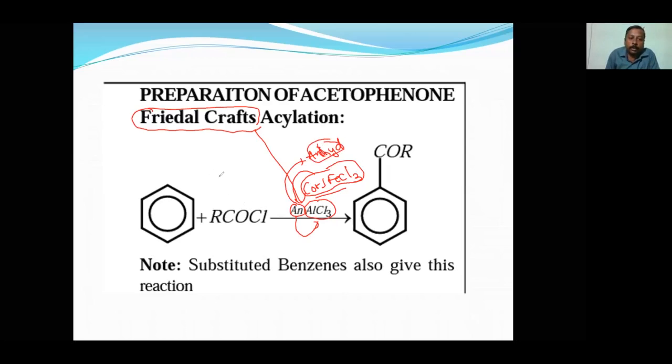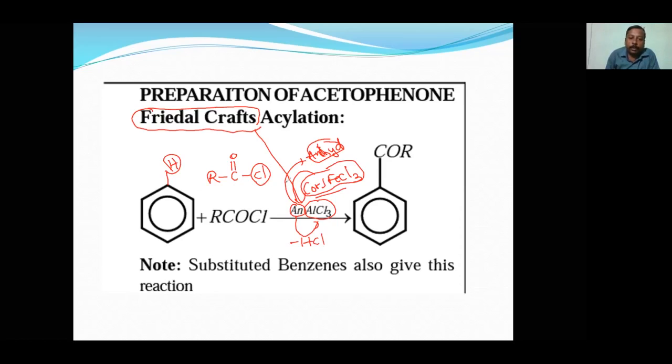This structure I am drawing: RC double bond OCl. And this is the hydrogen. Understood? Now this Cl and this hydrogen will be removed as minus HCl. And the question will be there in the entrance examination: what is the electrophile?